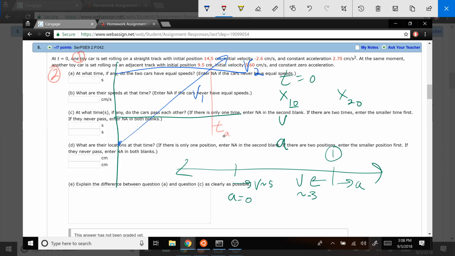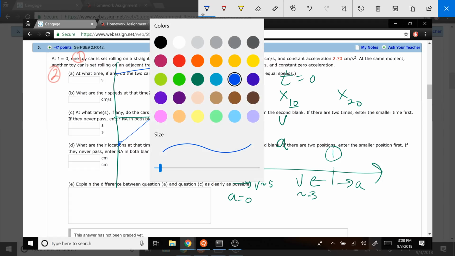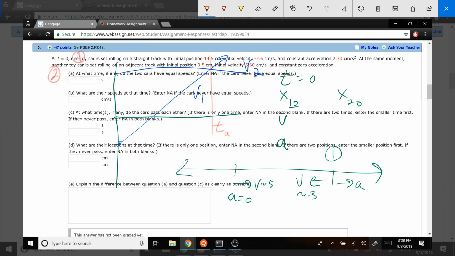However, maybe this is going a little too far, but you know what I mean. If V2 had been lesser, so let's say V2 was 1, then they would have been going the same speed at 2 points.